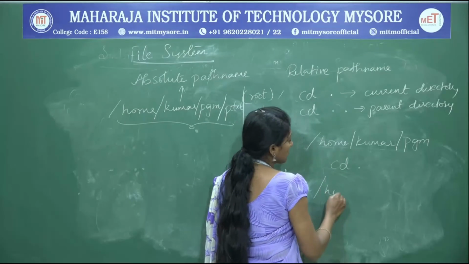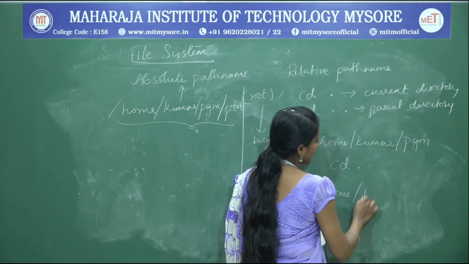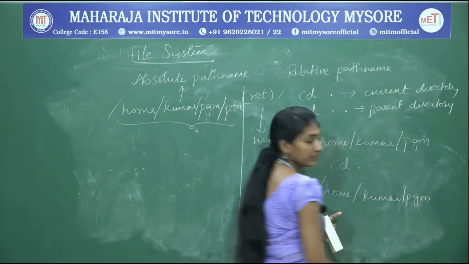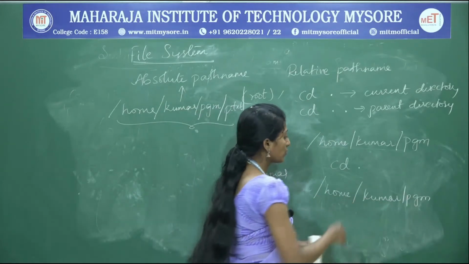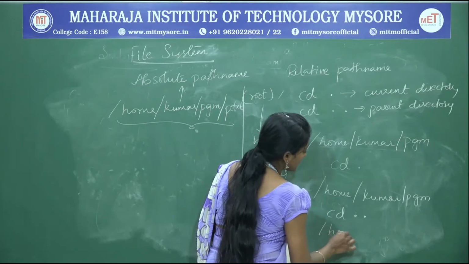It is going to display the current directory, like home slash Kumar slash PGM. If I want to know the PGM's parent directory, you can change the directory by providing double dot.